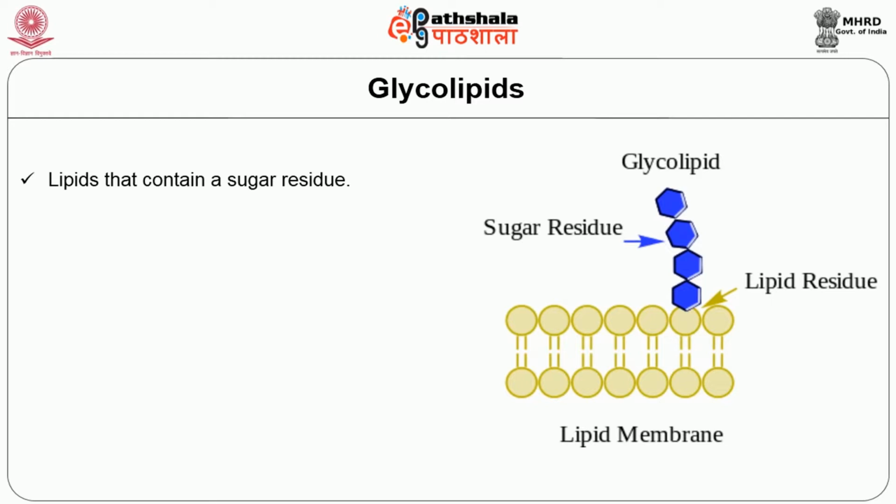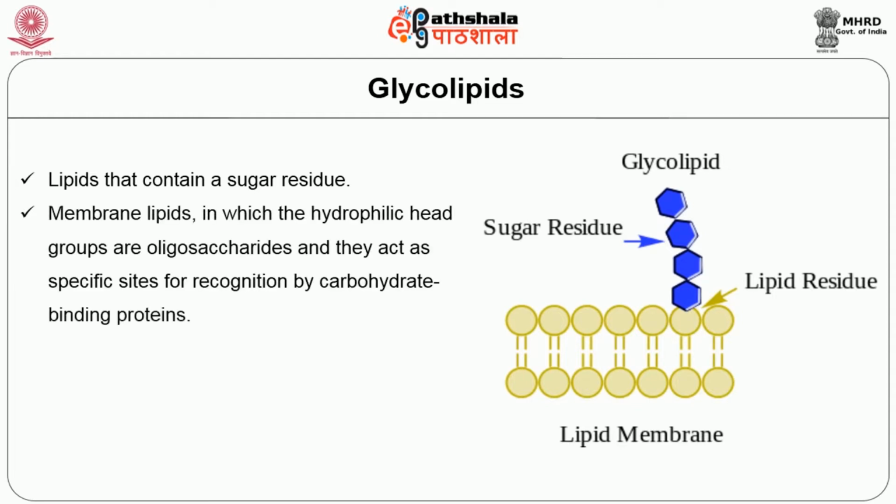I would like to draw your kind attention that because it is a glycolipid, there is a monosaccharide or disaccharide and no phosphate group is present. These are membrane lipids in which the hydrophilic head groups are oligosaccharides, and they act as specific sites for recognition by carbohydrate binding proteins.